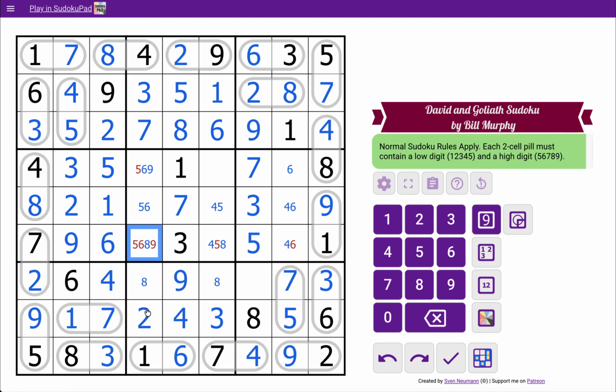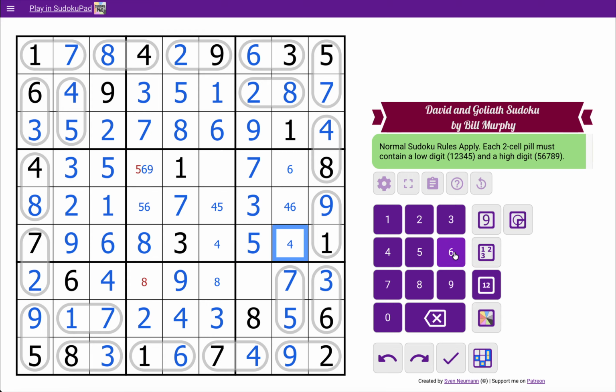Okay. 1, 2, 3, 4, 5, 6, 7. Yeah, this is definitely an 8. This row definitely needs a 2. So this 5, 8 is gone. This 6 is gone, but the 2 could be here, or it could be here. This 8 is gone. We're done with the 8s here.